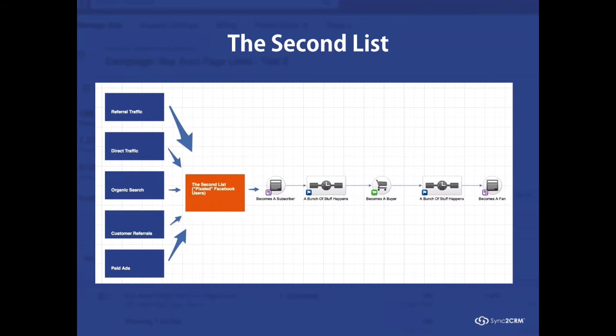Now, one is owned, your email address list is owned, and your pixel list is not, it's kind of rented. But nonetheless, it is a valuable asset that we now work very hard to build in the same way that we want to build our email list.